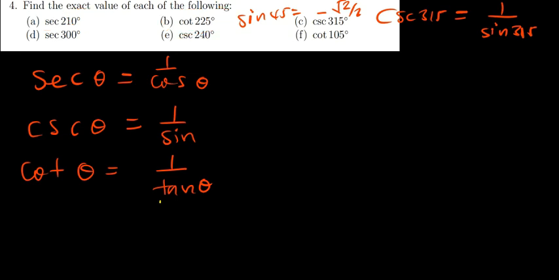Okay, 105 is in the first quadrant or second quadrant? So you say 180 minus 105, which is going to give you 75.